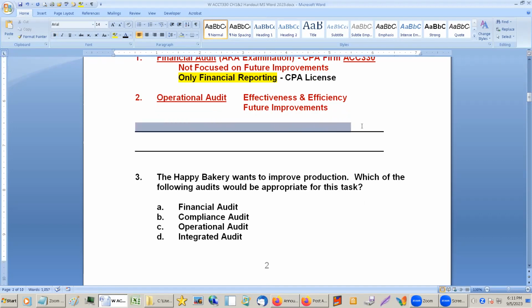Okay, so the next one, compliance audits. That is to see if they comply.